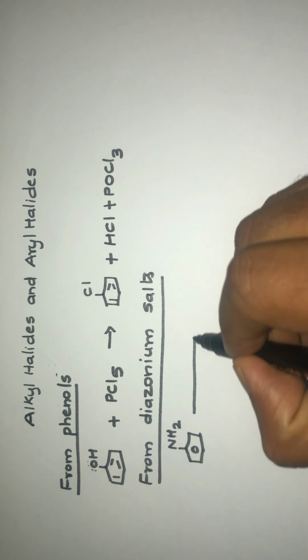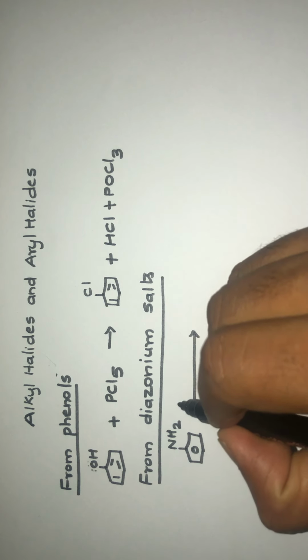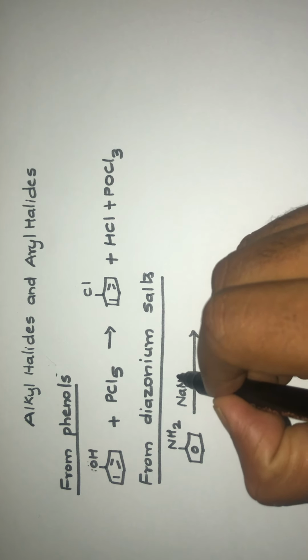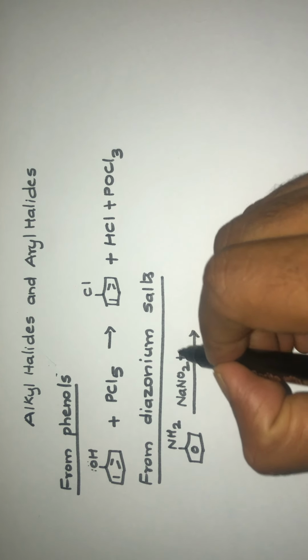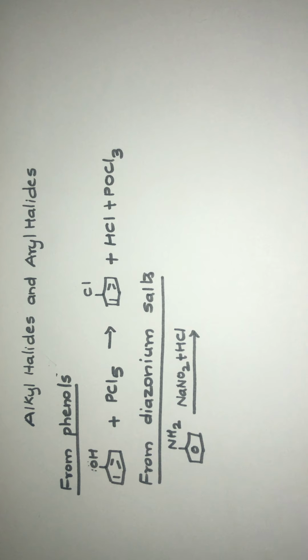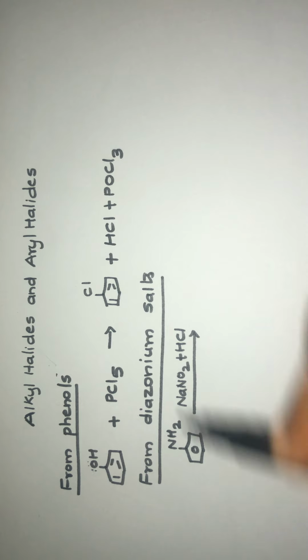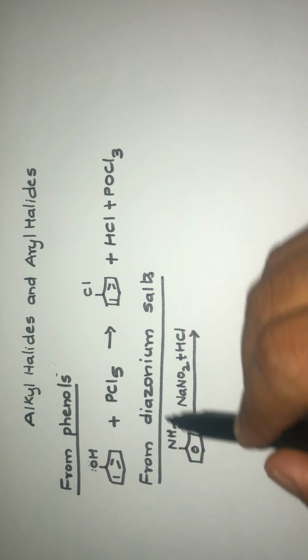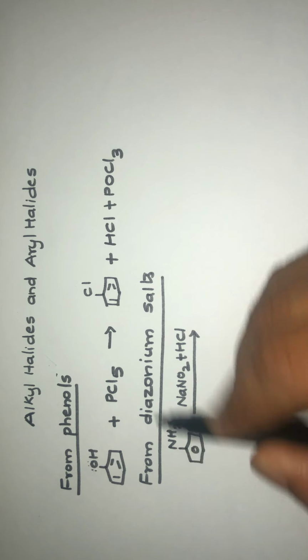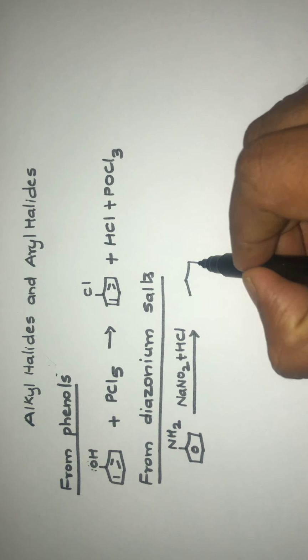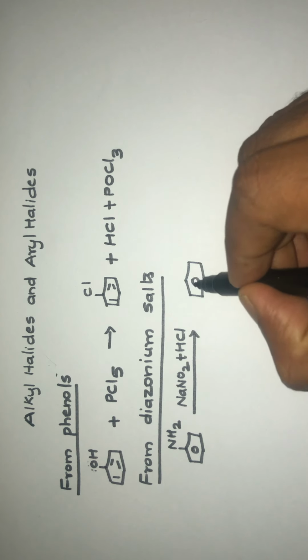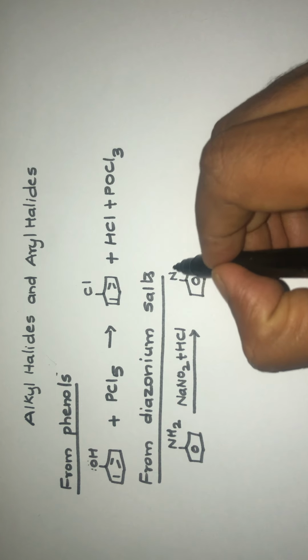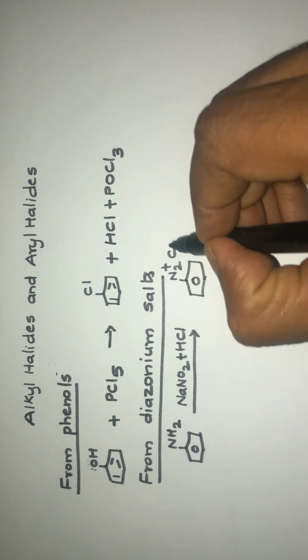When this aniline is treated with a mixture of NaNO2 and HCl, generally at low temperatures, 0 to 5 degrees Celsius, the NH2 group undergoes diazotization and forms the compound N2+ Cl-.